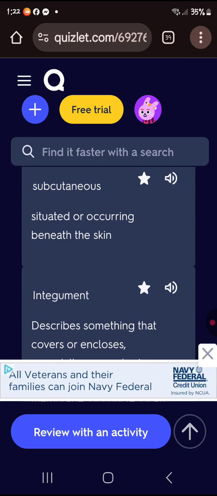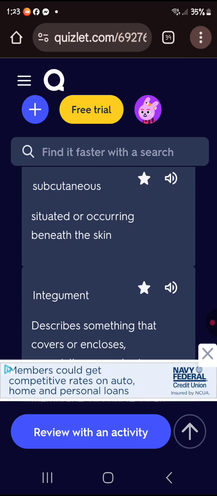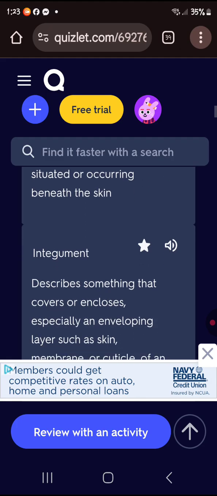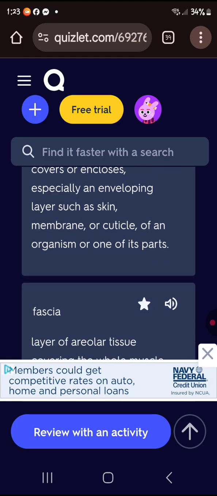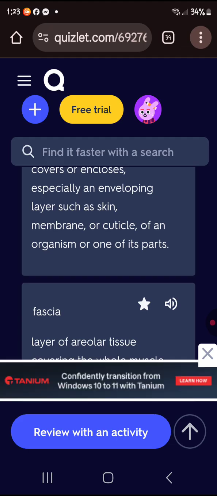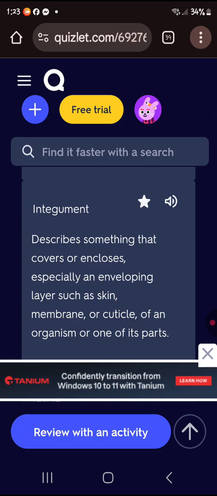Subcutaneous: situated or occurring beneath the skin. Integument describes something that covers or encloses, especially an enveloping layer such as skin, membrane, or cuticle of an organism or one of its parts.